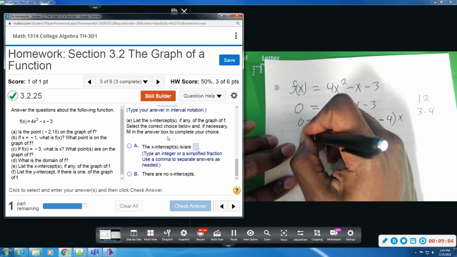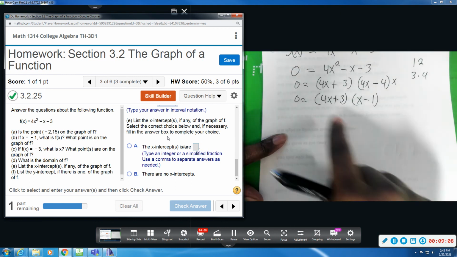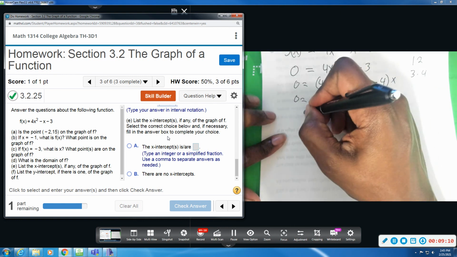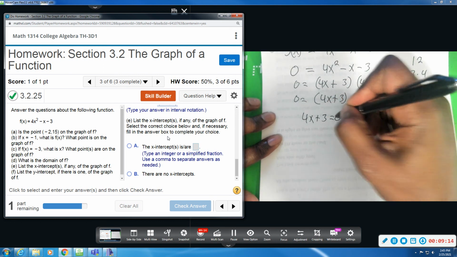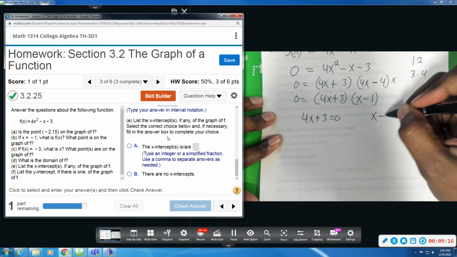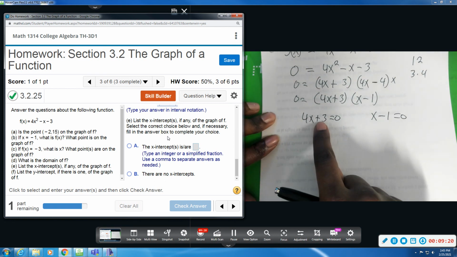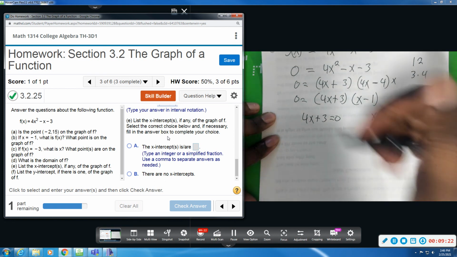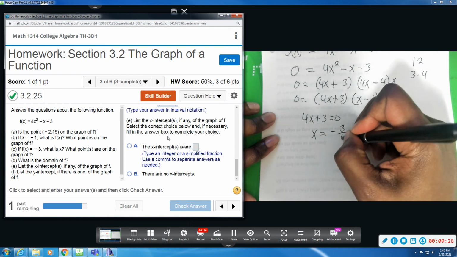So we get this as factored form, but we want the x-intercept, so we have to solve for x. So we're going to say 4x plus 3 equals 0, and x minus 1 equals 0. Subtract 3, divide by 4, so we will get x equals -3 divided by 4.